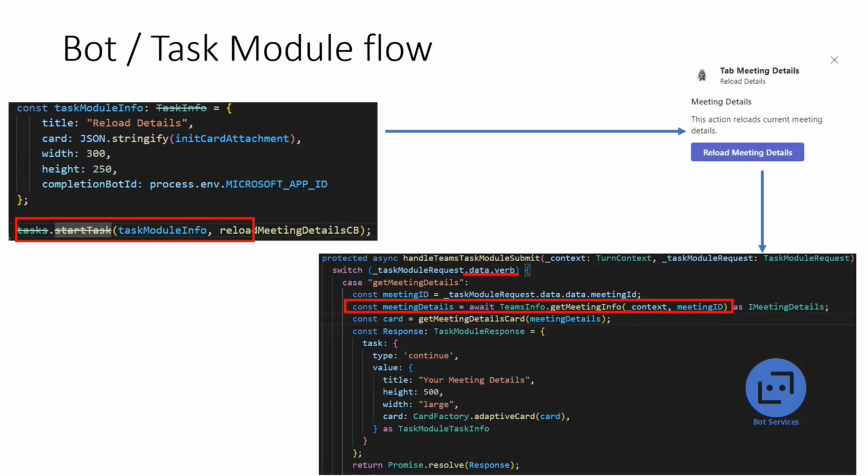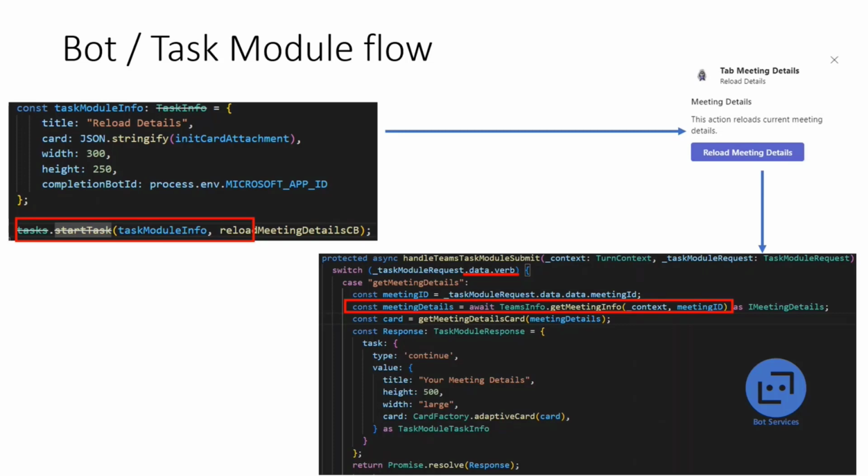Second button click will then reach the bot in a handle Teams task module submit. And what I'm doing here is the Bot Framework SDK method, where I get meeting info in that case for a specific meeting ID and the turn context of the bot operation.